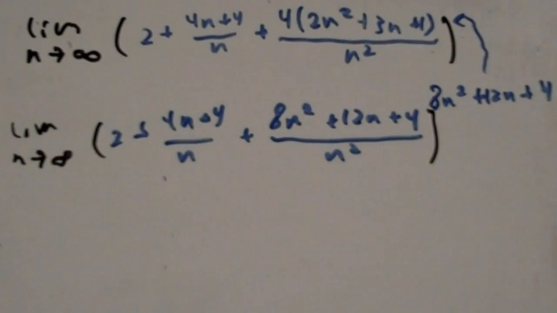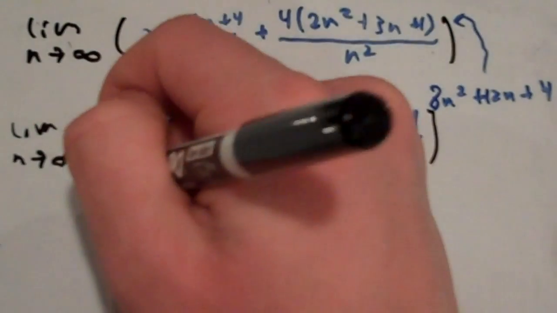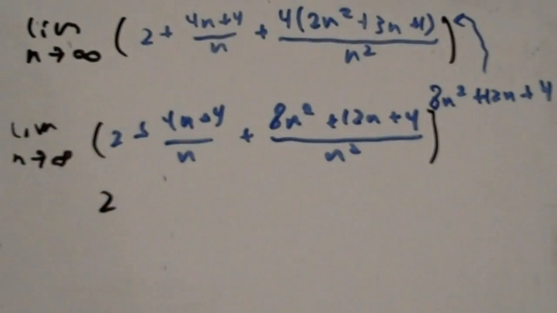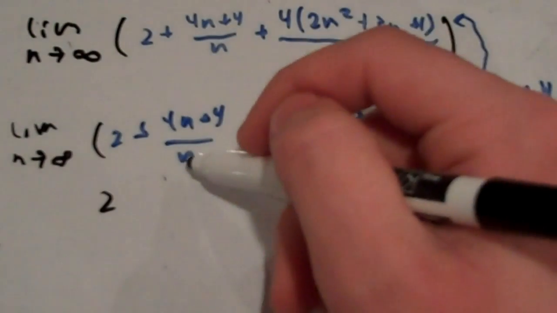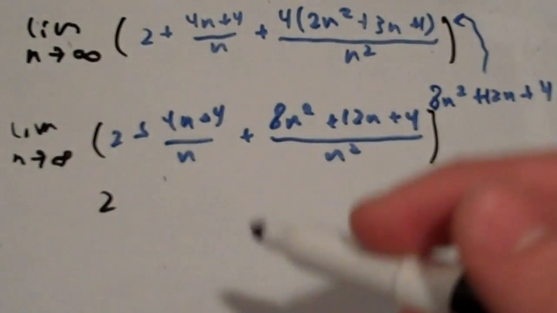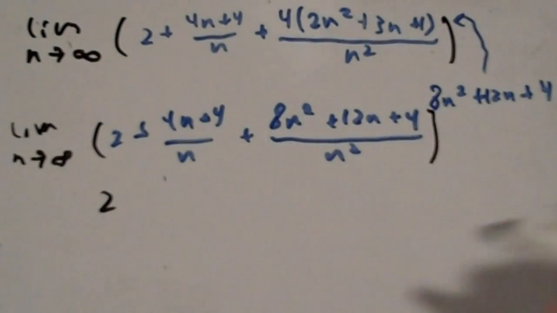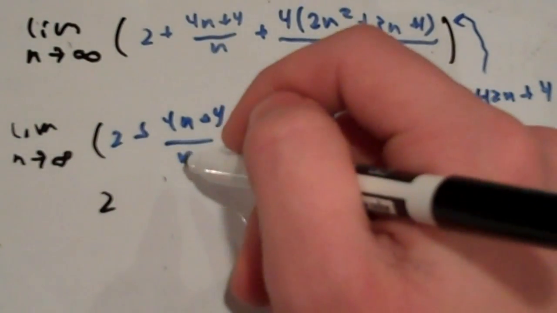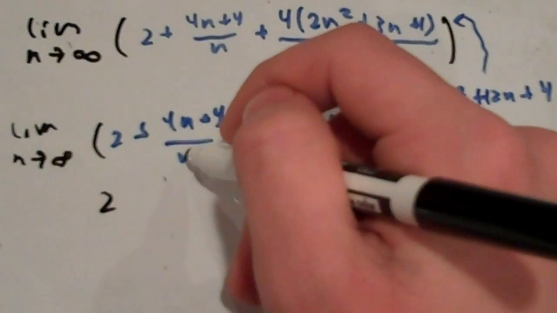And now we can finally get rid of this limit as n approaches infinity. As n approaches infinity, for 2, that would simply just be 2. And for this section, remember earlier when I talked about limits as the number approaches infinity, for a polynomial like this, we only look at the highest power.